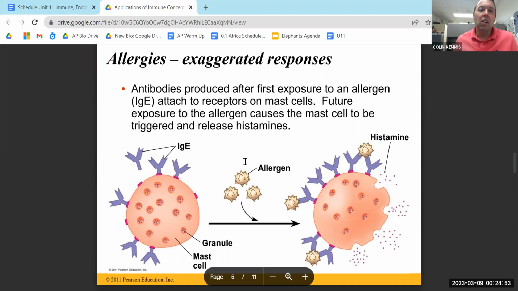So what happens here is the antibodies are produced after the first exposure to a certain type of tree or dust or whatever you're allergic to, and attach to these mast cells.